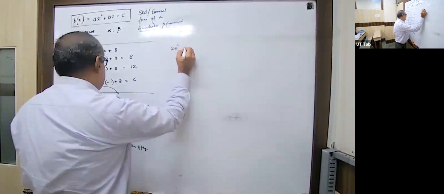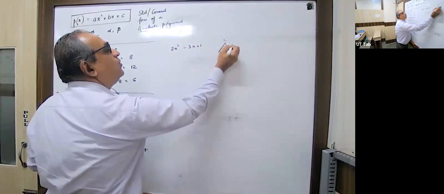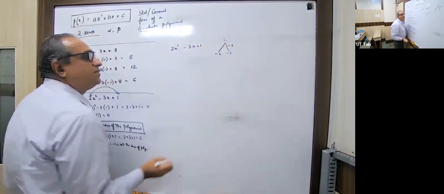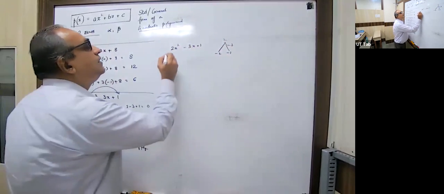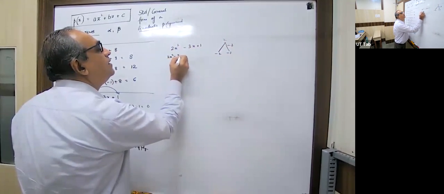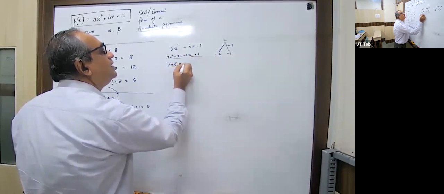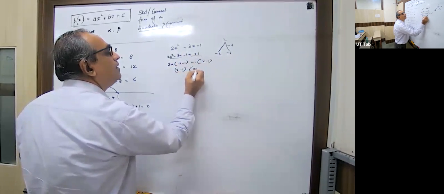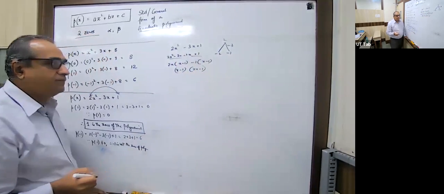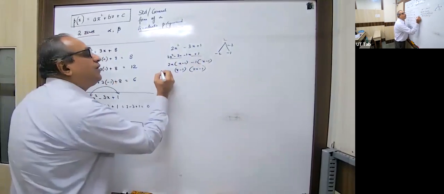2x squared minus 3x plus 1. What is the product? 2. So what are my factors? So we'll say let this fellow be equal to 0.